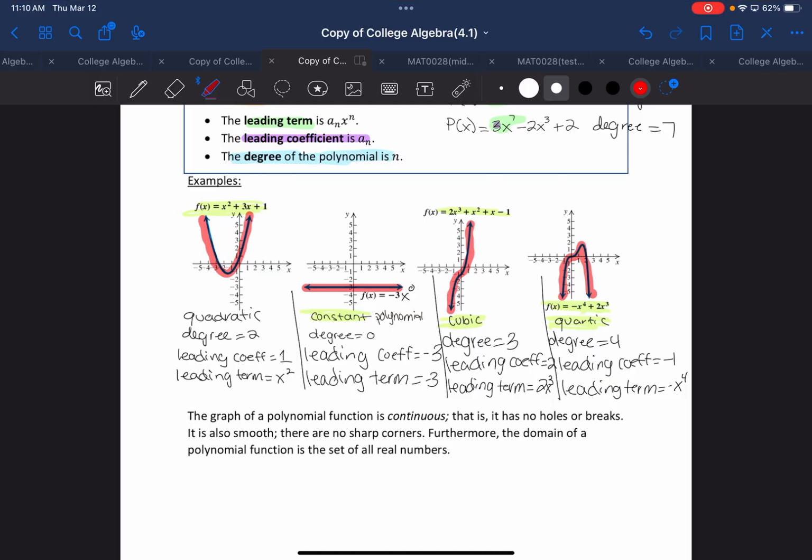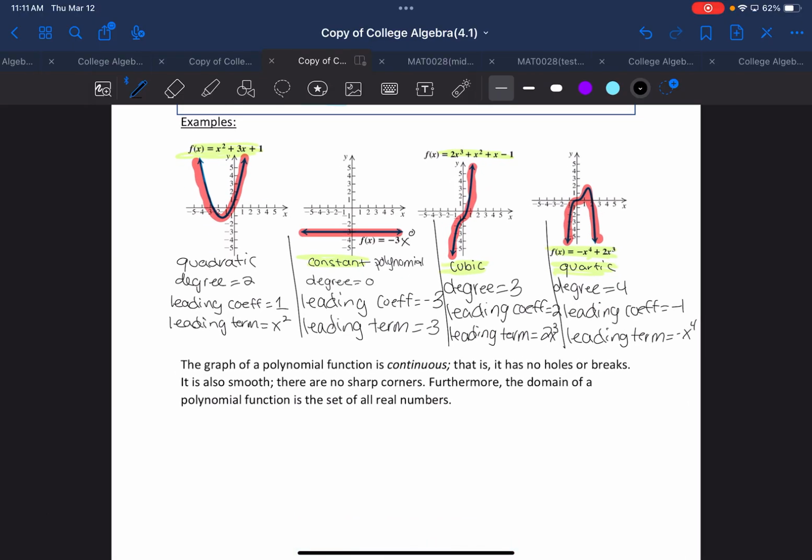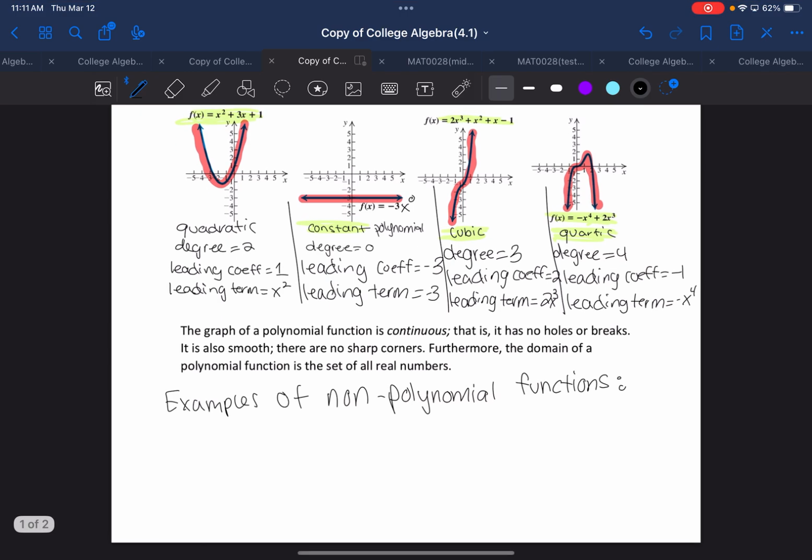So I'm going to write examples of non-polynomial functions. I'm going to give you a couple of examples of functions that are not polynomials. So one that we learned about was the absolute value function.